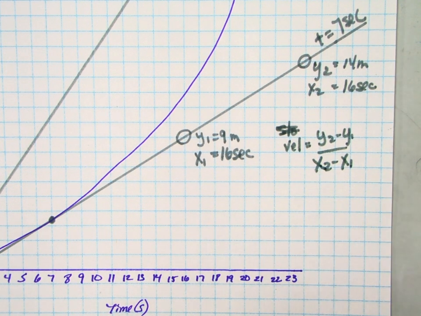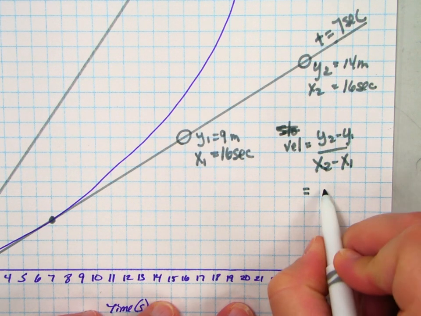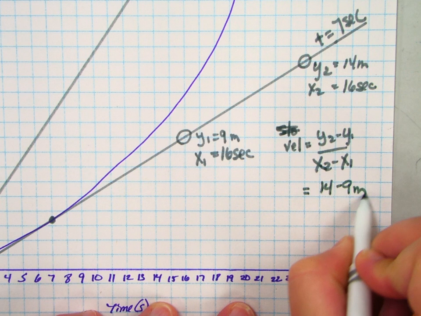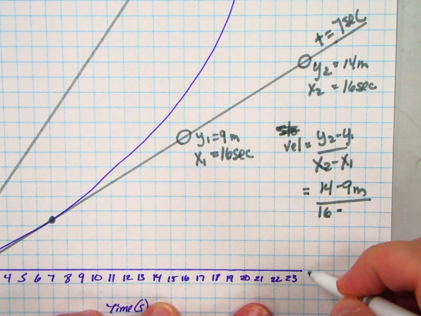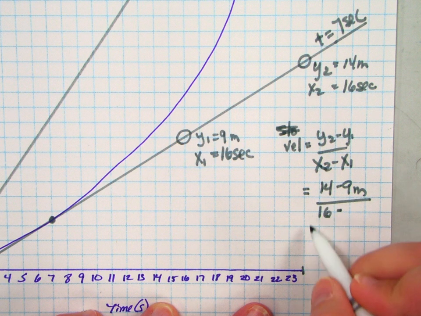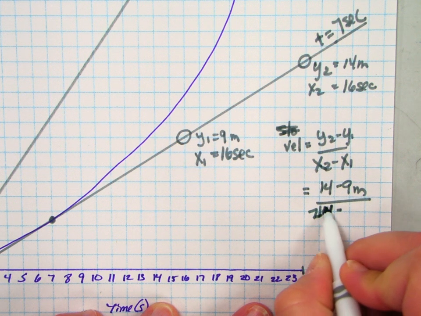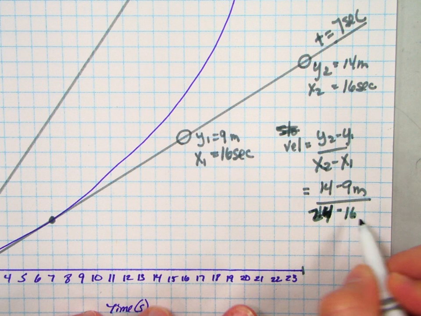Your paper is going to get very crowded, so make sure you're keeping track of what and where. So this is 14 minus 9 meters over 24 minus 16.